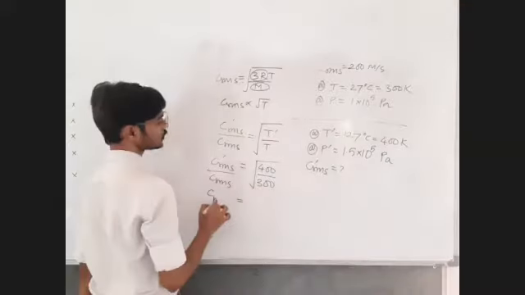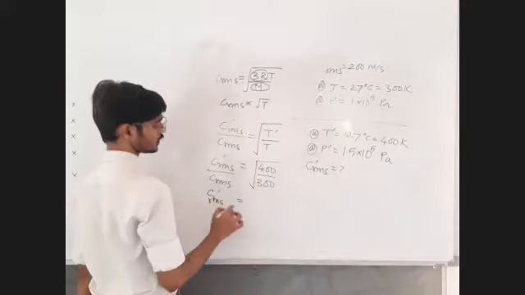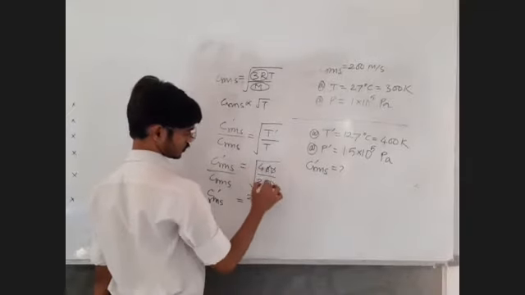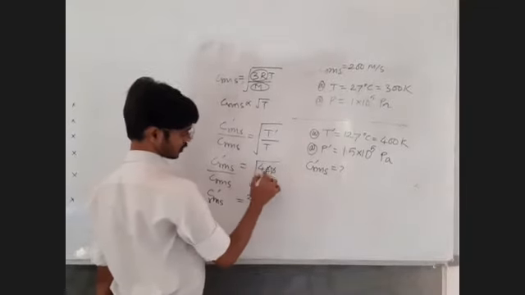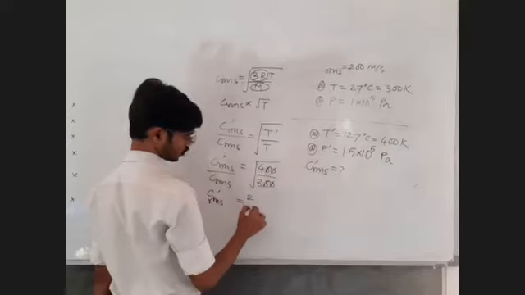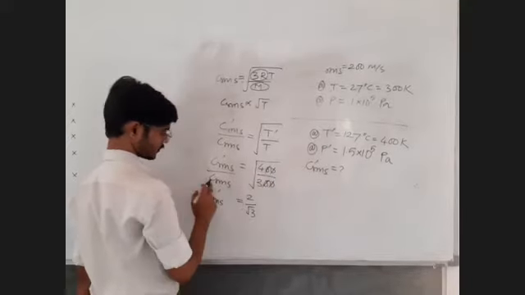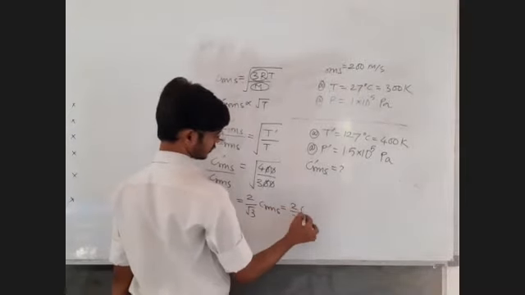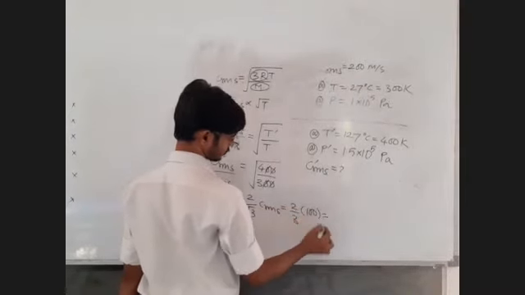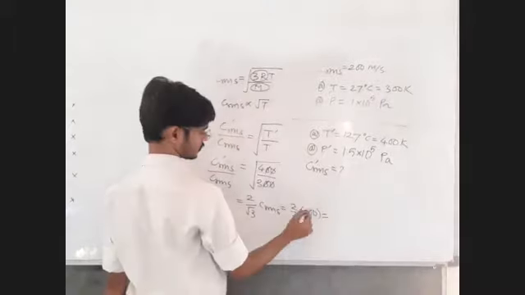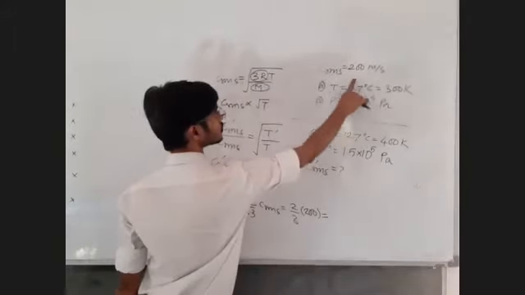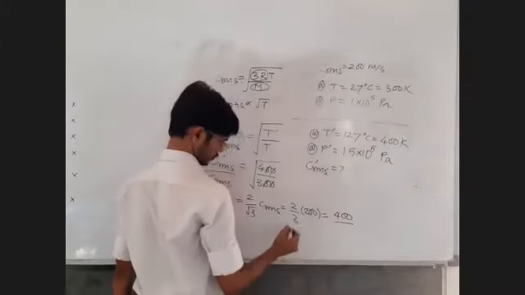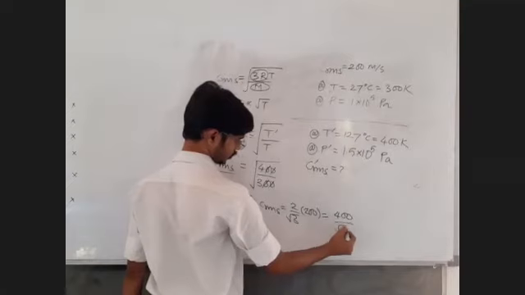Now the square root of 400 by 300: the zeros cancel, the square root of 4 is 2, and root 3 stays as it is. C_RMS dash is on the left hand side. Initial C_RMS is 200. So the answer will be 400 divided by root 3.